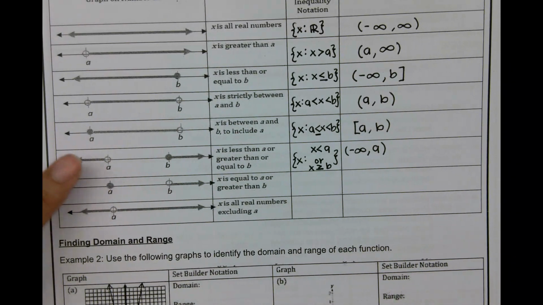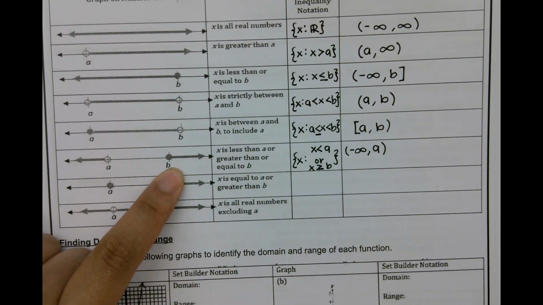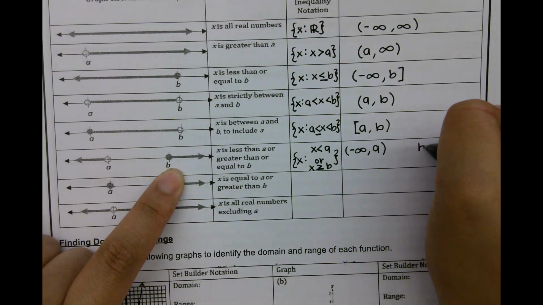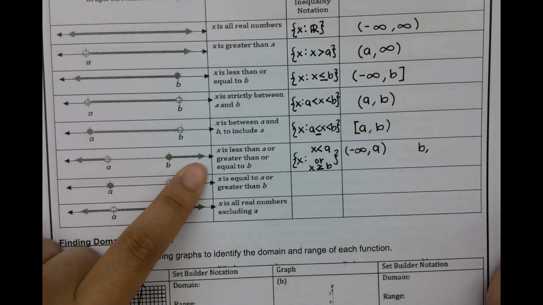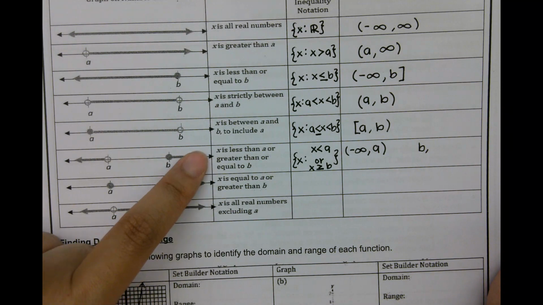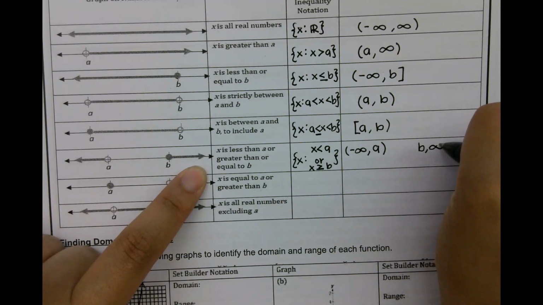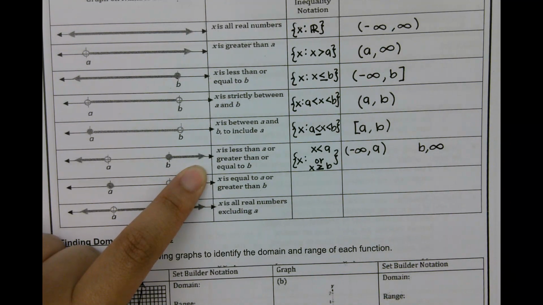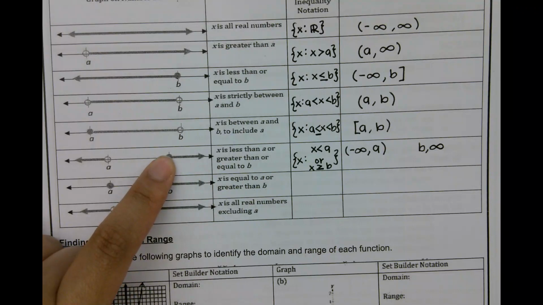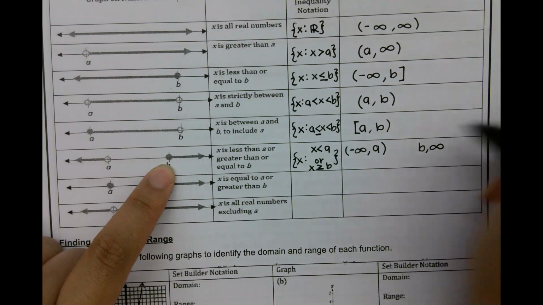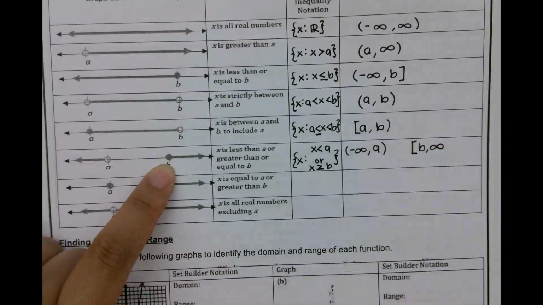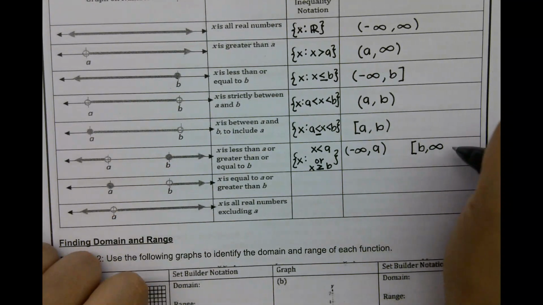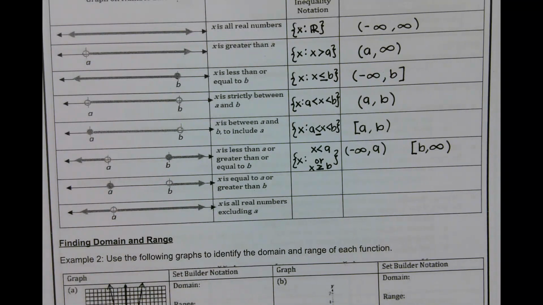Then I'm going to work on B. So it starts at B, and then it goes to the right forever, indicated by the shading and the arrow, so that goes towards positive infinity. B has a closed circle here, so it is included, so that's a bracket. And the infinity signs are always a parentheses.